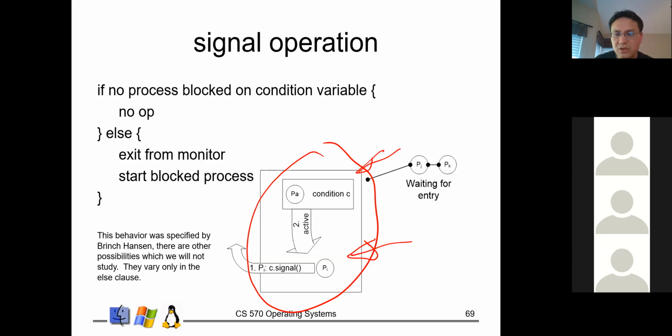We don't want those two to be in the monitor at the same time. So for this handover from the signaling process to the awakened process, we need to do something special to make sure the signaling process hands over this lock to the awakened process properly. So how do we do this?